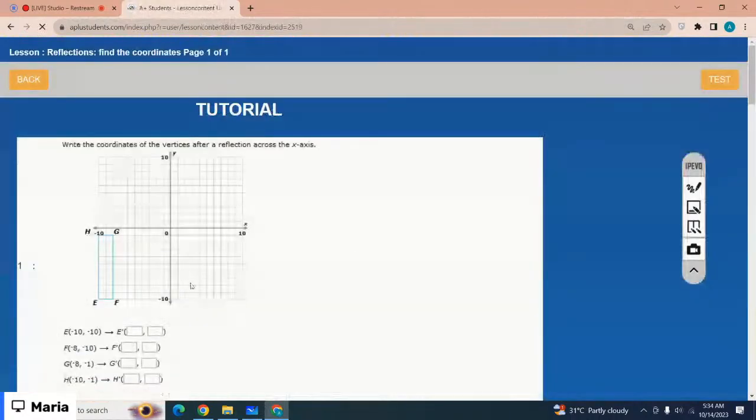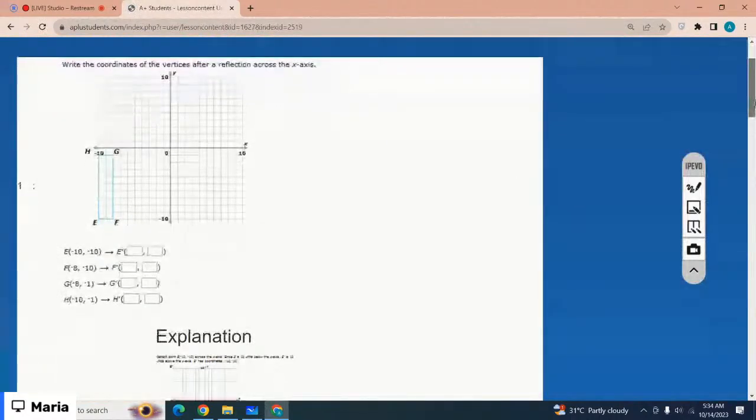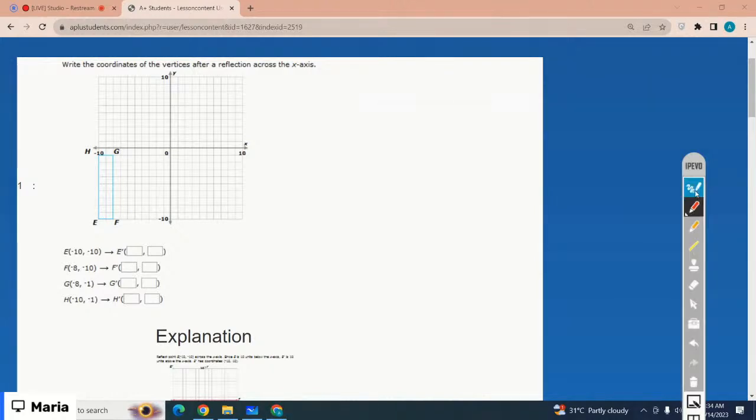Reflections, find the coordinates. Find the coordinates of the vertices after a reflection across the x-axis. So the reflected image is like this.